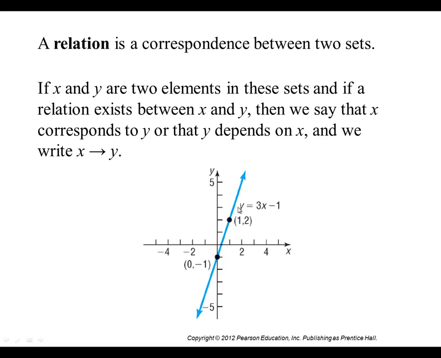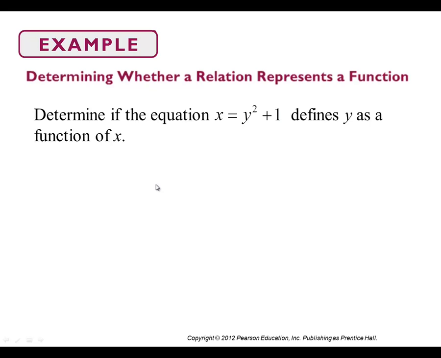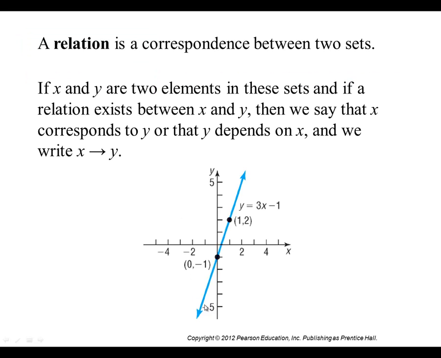Well, if for each x there is only one y, then yes, it is a function. And we have this equation, y equals 3x minus 1. So we can say that this relation is also a function.